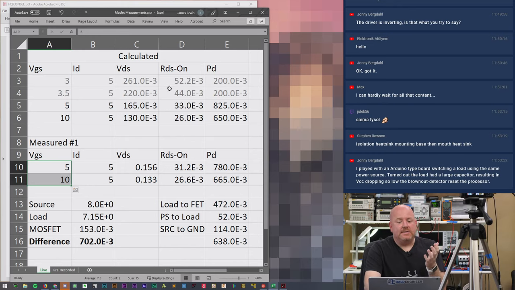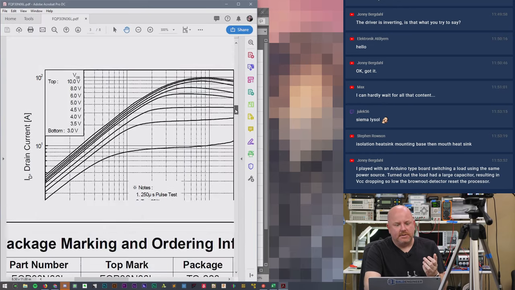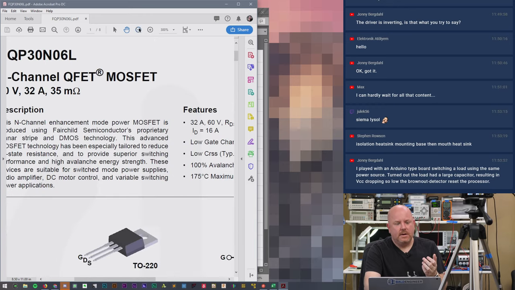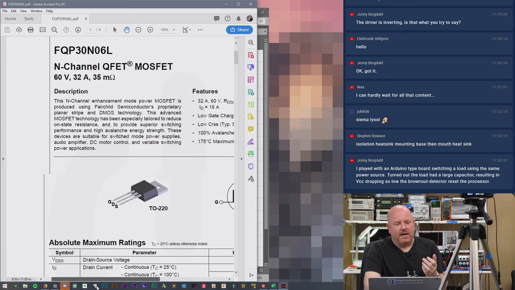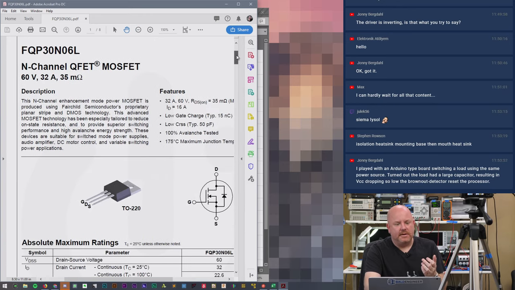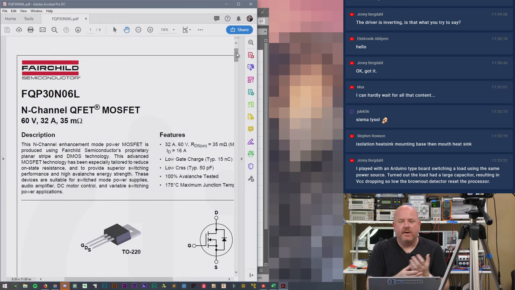The cool thing about this FQP, let me show you what this is up here. The cool thing about this transistor, it's relatively popular. It gets called a logic level MOSFET because it only needs 2.5 volts on its threshold, on its gate, to turn on. Ideally, you want to apply at least 5 volts to it so that you get a really good RDS. But even at 2 or 3 volts, it's not terrible.